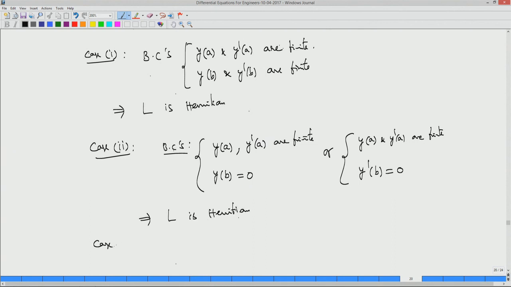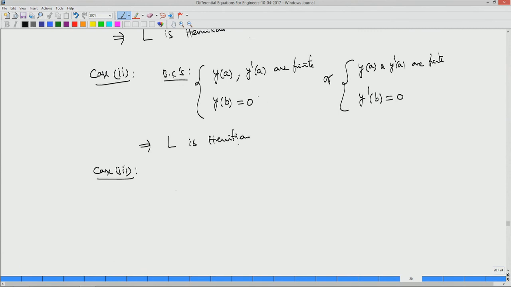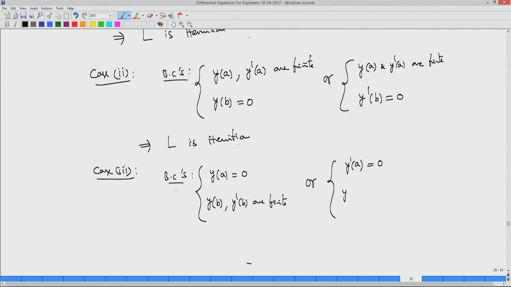Case 3 is simply a repetition of case 2. Simply replace the boundary conditions, interchanging A and B, and write it for the sake of completeness. So, you can give these boundary conditions for Ly equal to lambda y: y at A equal to 0, and y at B and y dash at B are finite, or y dash at A equal to 0 and y at B and y dash at B are finite.